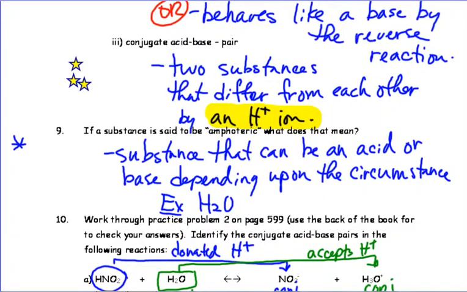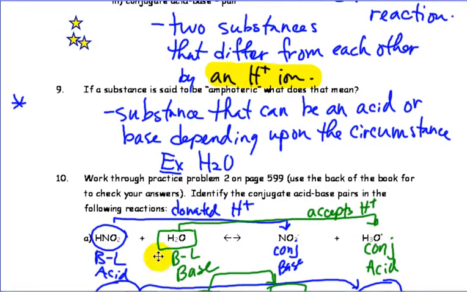Okay, so if we had time to do that, the first one here, HNO2, H2O, NO2, H3O. So if we look at nitrogen here, HNO2, NO2, we'd pair those two up with each other, and H2O and H3O, we'd pair those up because they only differ by a single hydrogen.